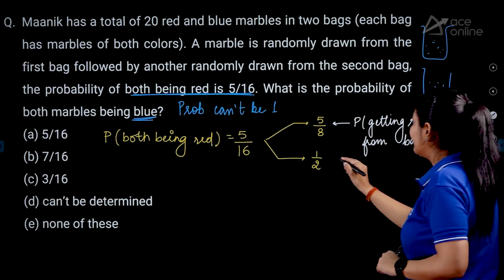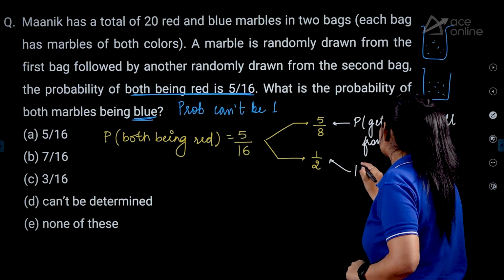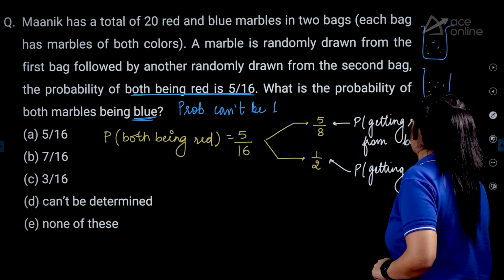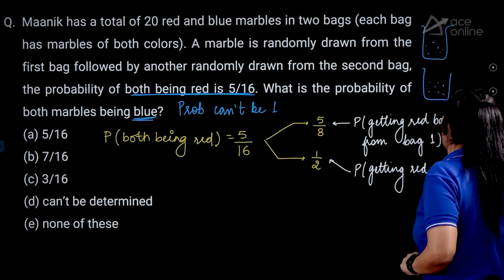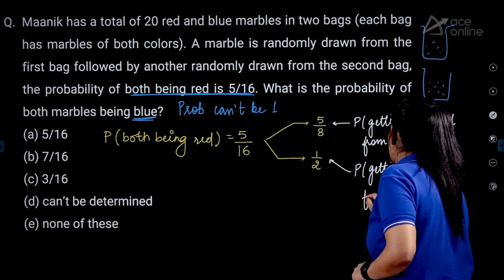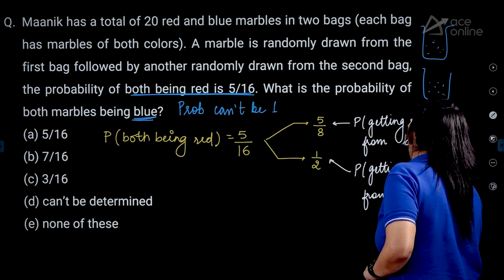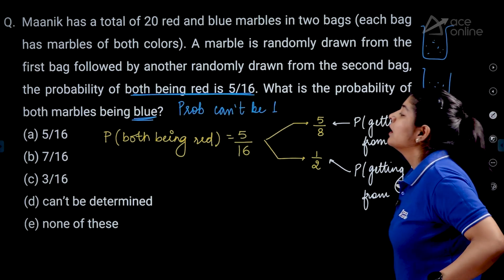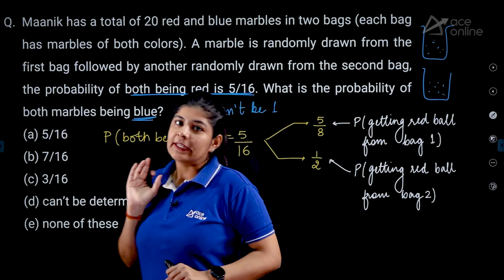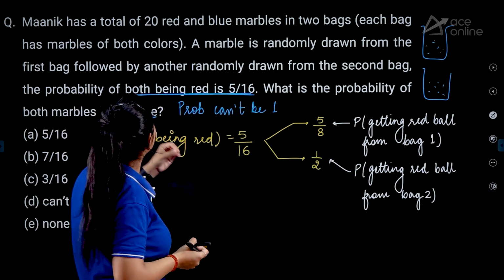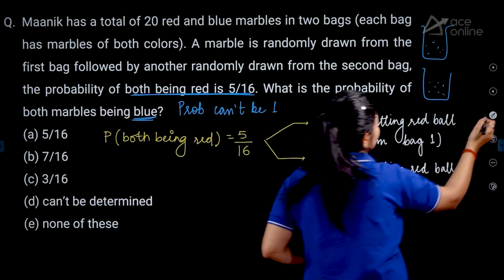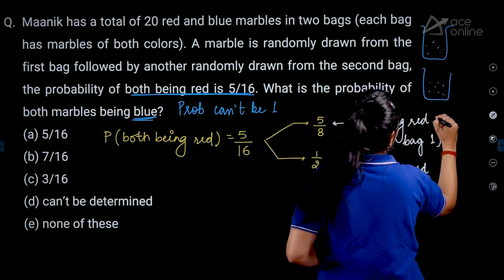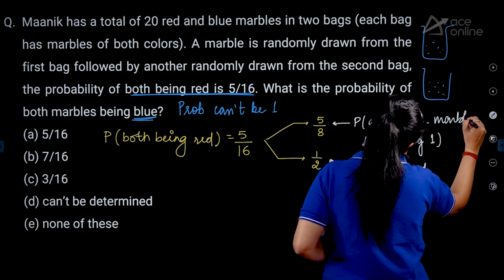And we can simply say that this is the probability of getting a red ball from bag 2. Is it clear? Okay. So if these are the probabilities of getting a red ball or the red marble, instead of ball you can simply write marble, because we are having marbles.